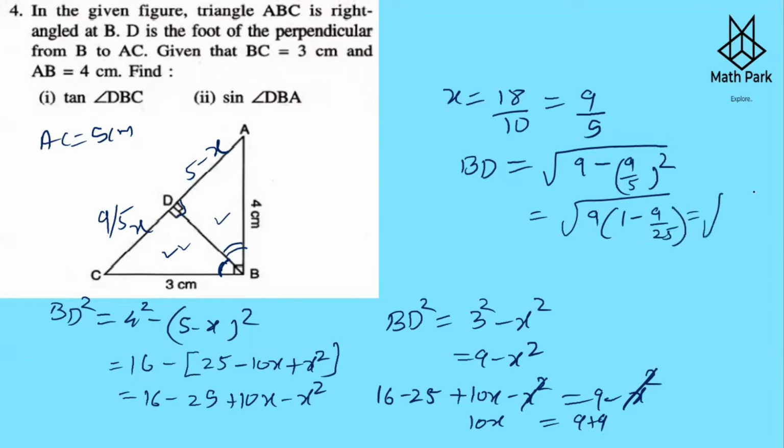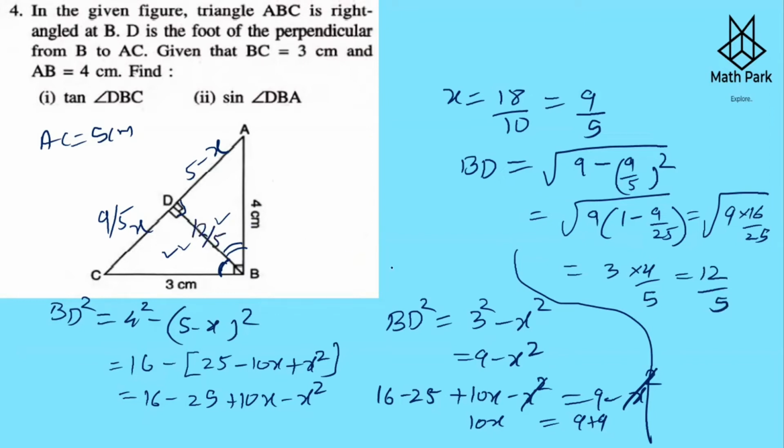So we get root of 9 into 25 minus 9 upon 25, which is 16 upon 25. All of these are perfect squares. So when I take this out, I'm getting the value of BD as 3 into 4 upon 5, so I'm getting 12 upon 5 as the value of BD.